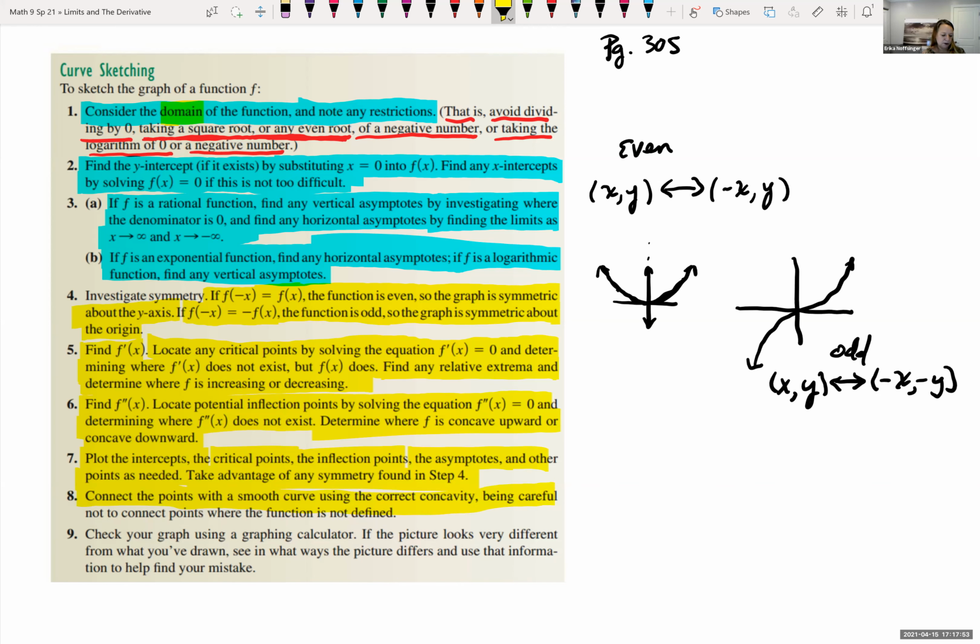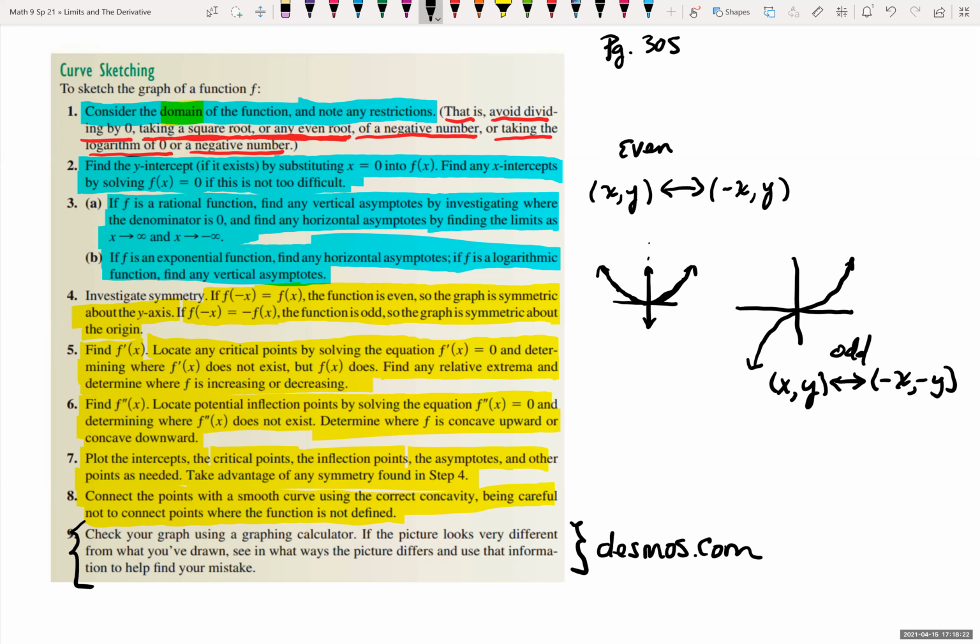So connect the points with a smooth curve using the correct concavity, being careful not to connect points where the function is not defined. You can always, as we've been using a little bit in this class, especially at the beginning, go to desmos.com just to check to see, does your graph look like the one that you graphed? Although you won't have that on an exam.